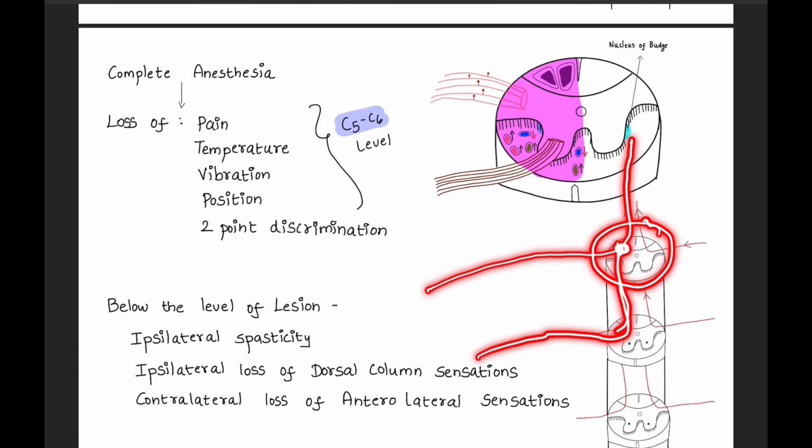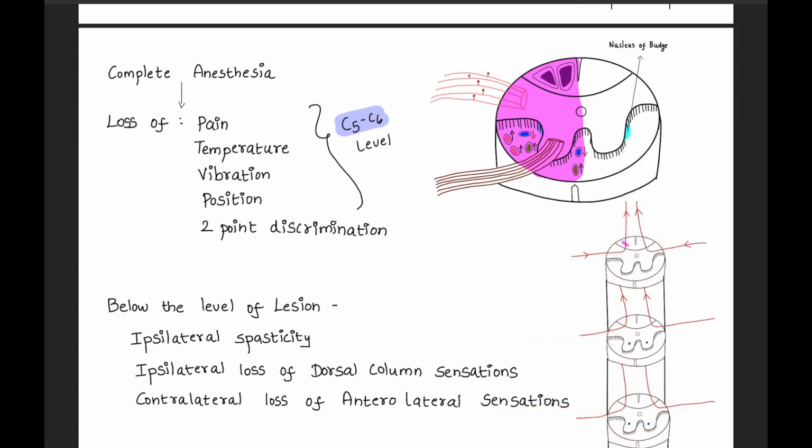So these segments will have ipsilateral spasticity because the information cannot pass from the body to the brain. There will be ipsilateral loss of dorsal column sensations.